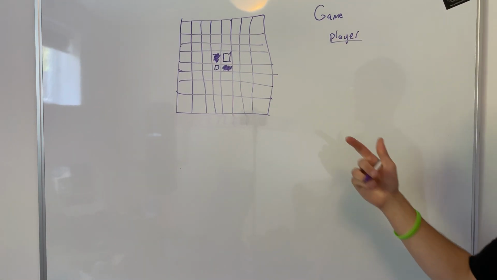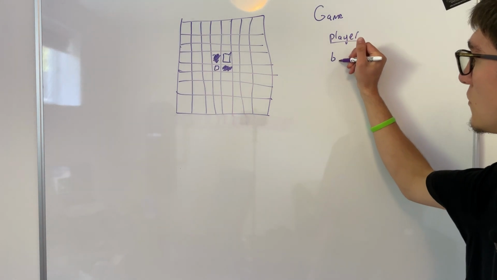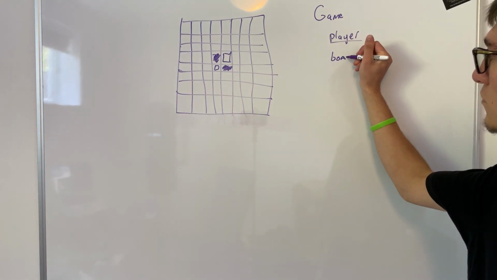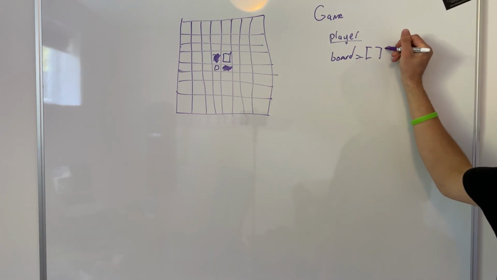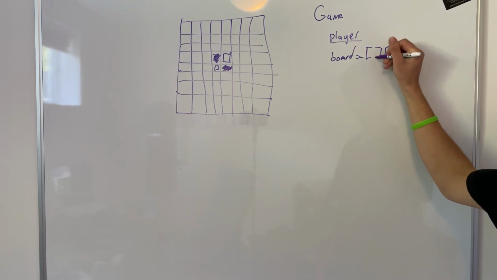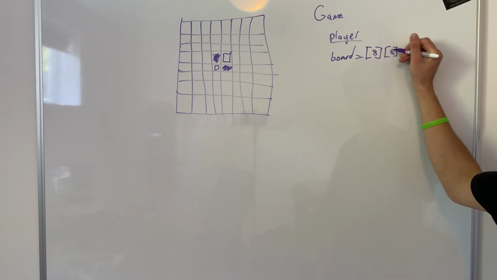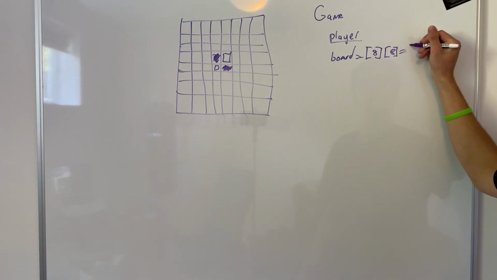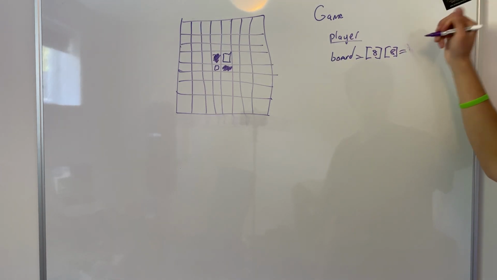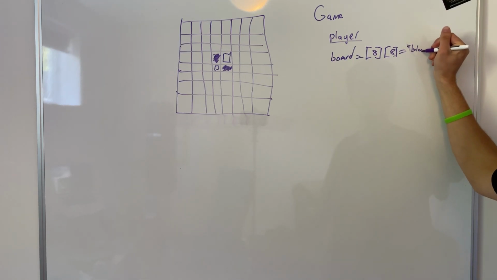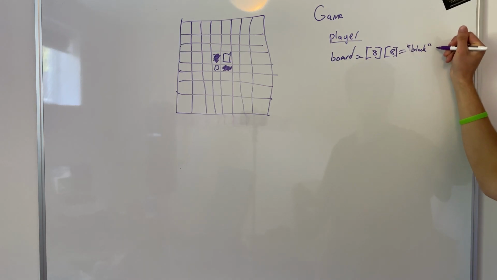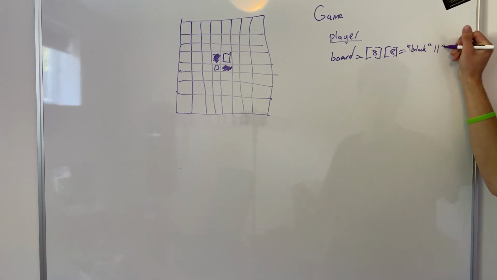It'll need to keep track of the board, right? Which will be an array of arrays of 8 spaces, and the value of those will be either black or white.